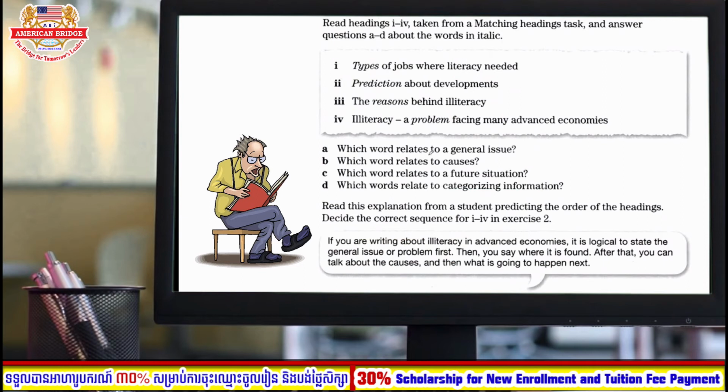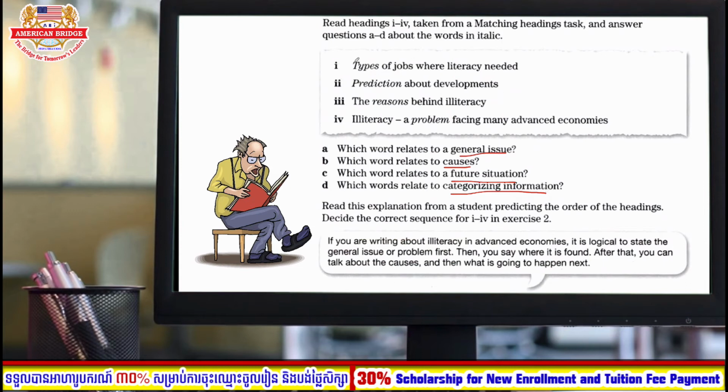Here, which were related to the general issue, which were related to the cause, which were related to the future situation, and which were related to categorizing information. So when you know how the paragraph is organized, whether it is organized from the general issue and then presents the cause, you can identify the type of heading and match it properly with the organization of the reading passage.